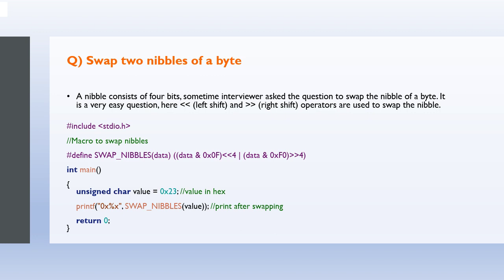We are masking so that we can get that particular nibble out, right? If the other nibble is 0, obviously I get the first nibble on this side and the next nibble on that side. That's how we will swap it. It's very simple. So let's move on to the next question.